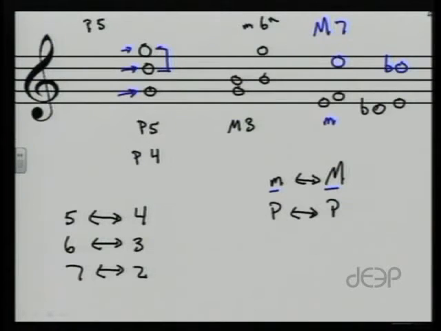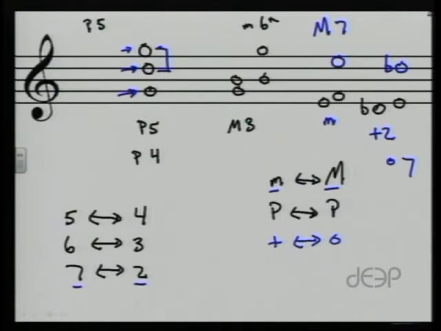We had an augmented second, and that's going to invert to a diminished seventh. Okay? So there's our seventh second relationship, and an augmented interval is going to invert to a diminished interval.